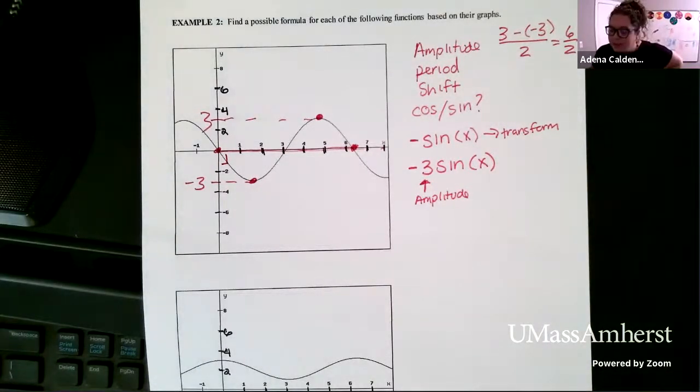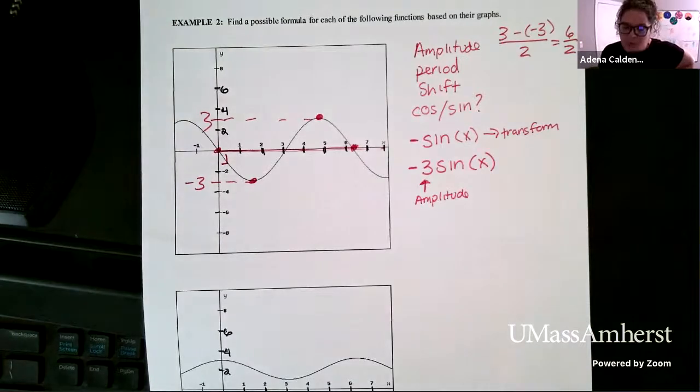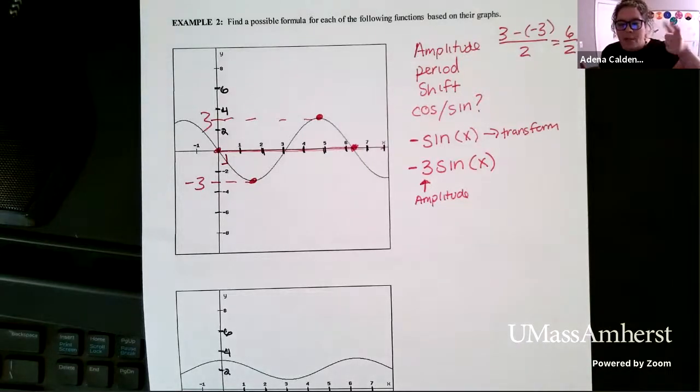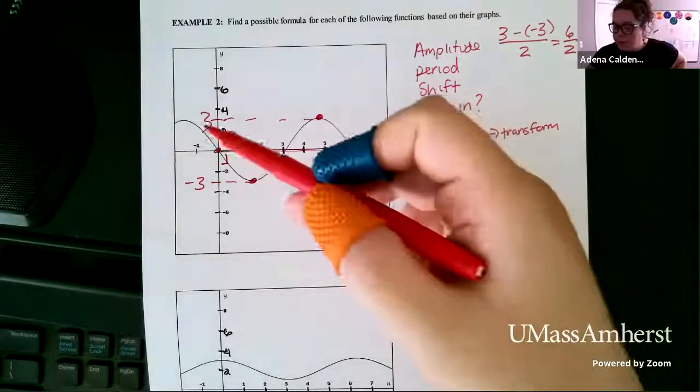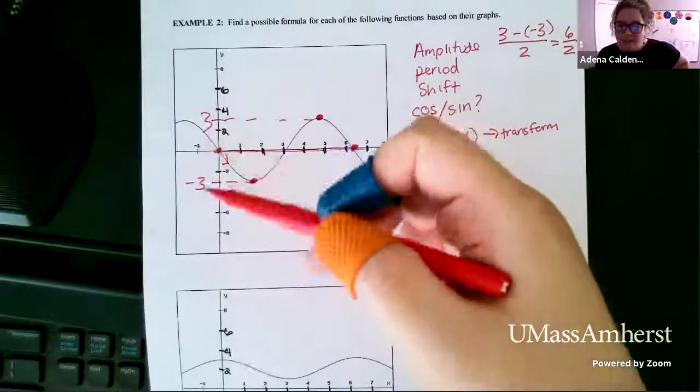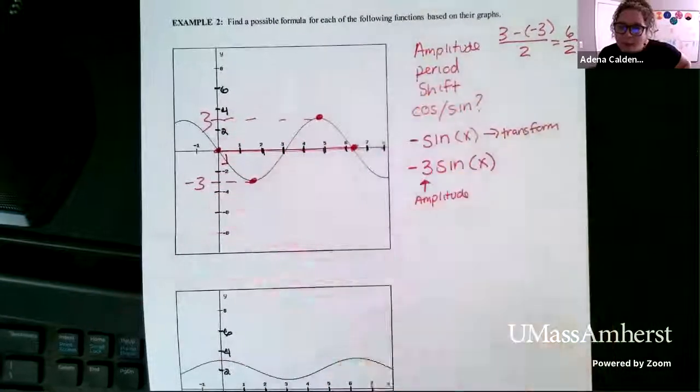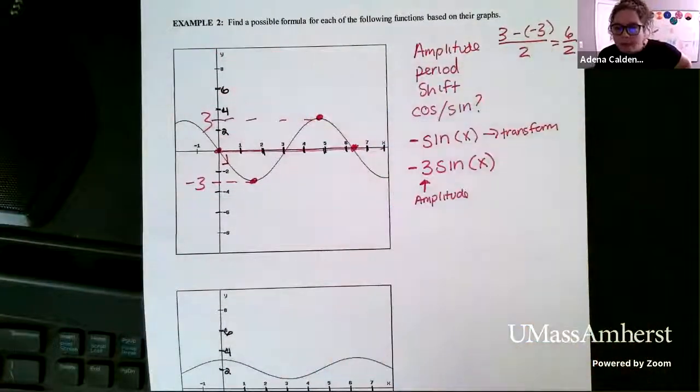And then the question is, is it shifted, right? Do I have a plus c or a minus c here? How do I tell? Well, one of the key ways you can figure it out is looking at if it varies between the same thing. So since it goes from 3 to -3, it hasn't been moved, right? 4 to -4 would be fine, 5 to -5.